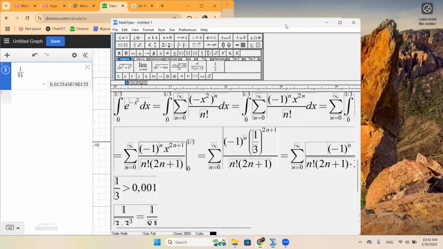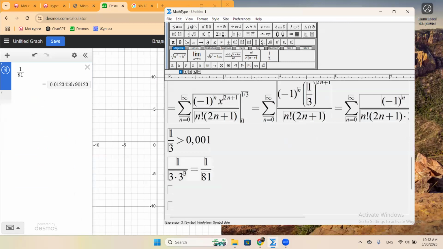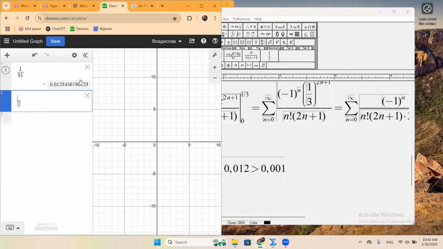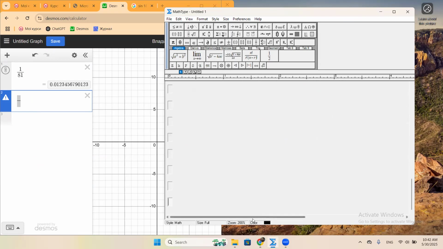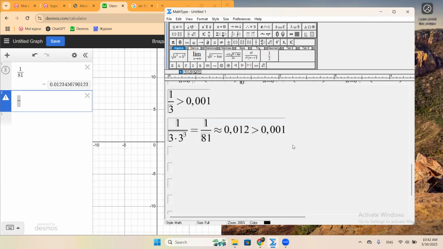So approximately 0.012. So it's greater than the required accuracy. And now let's calculate the modulus of the next term.